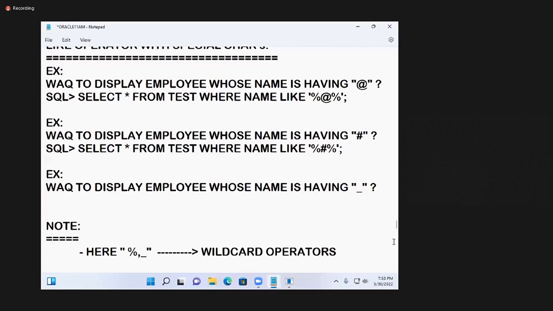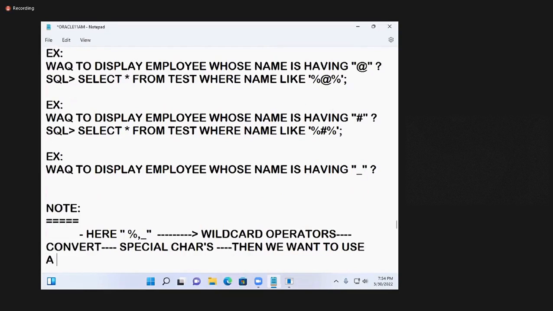To convert these wildcard operators into special characters, I need to use a special keyword called escape.